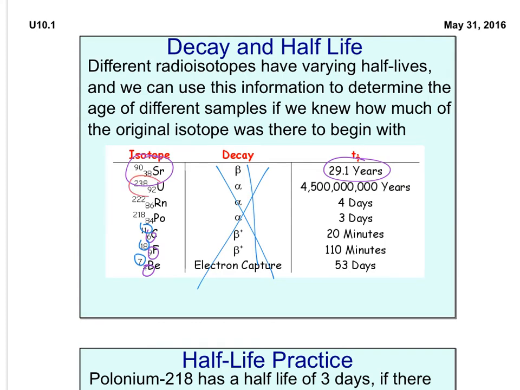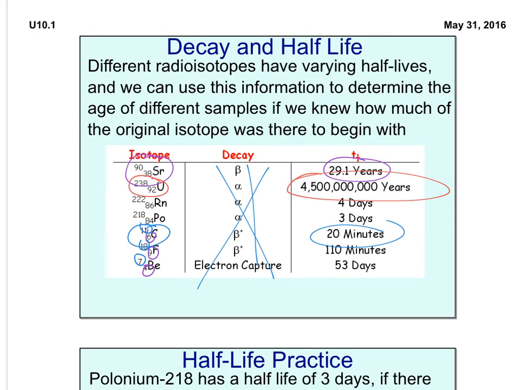Look at this, uranium-238, 4.5 billion years. Huge difference there. What is this, carbon-11? 20 minutes. So there you can have a huge range of how quickly some of these things are going to decay over time.